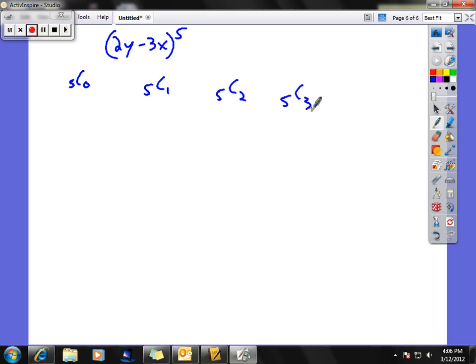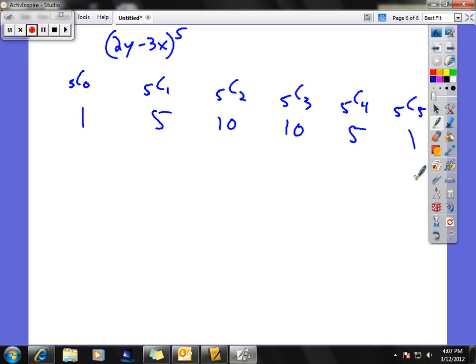I'm going to still run out of space. 5c4, 5c5. Now back to Pascal's triangle. We already kind of know what that is. That's 1, 5, 10, 10, 5, 1. Or you don't have to do the combinations. You can just go to Pascal's triangle and get those coefficients.